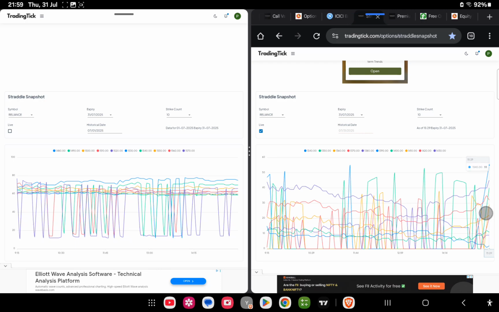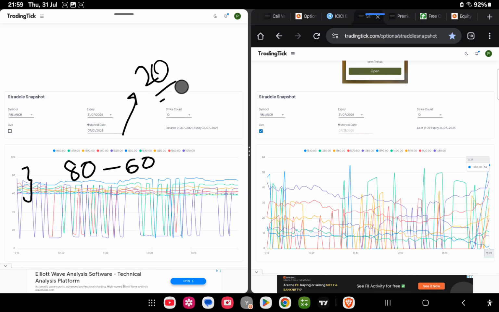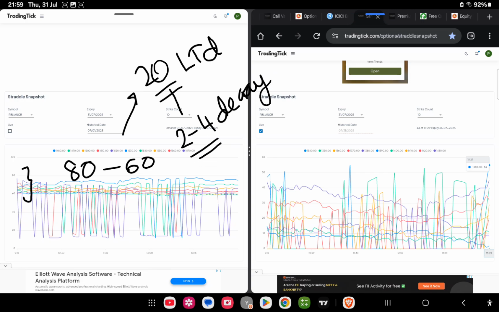As you could see, the starting was everything from 80 to 60 points. The idea is we have 20 live trading days, so each day it might do 2 to 4 points of decay for stocks. When you count 2 to 4 points and multiply, four twos are 60, so you get 60 to 80.